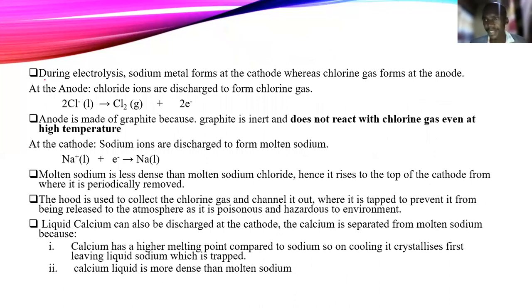During electrolysis, sodium metal forms at the cathode, because we said that if we electrolyze sodium chloride, we will heat it to its melting point. When it is melted, we'll now have an aqueous.